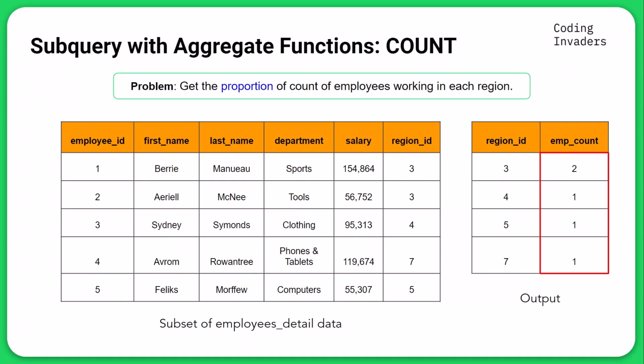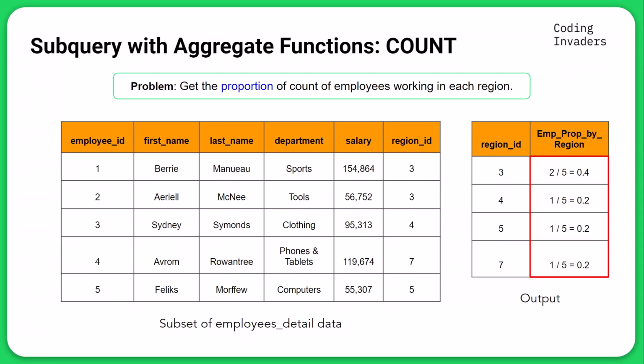We need the proportion of the employee count in each region. That means we need to divide these employee counts by the total number of employees, which is 5. Hence, we calculate the proportion as shown.